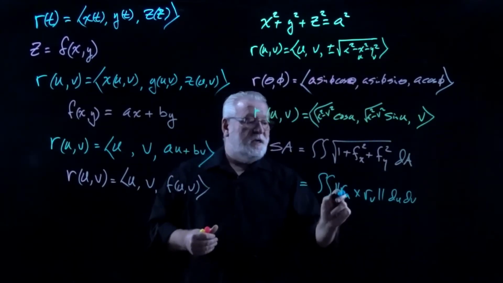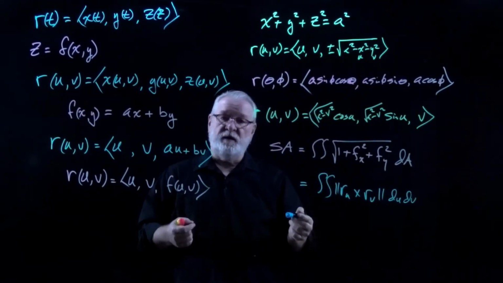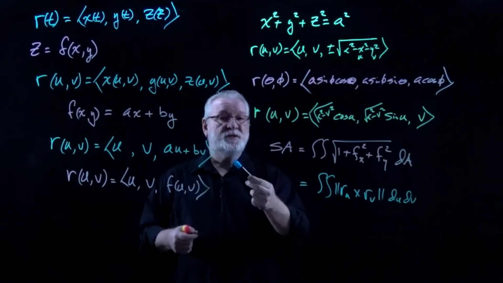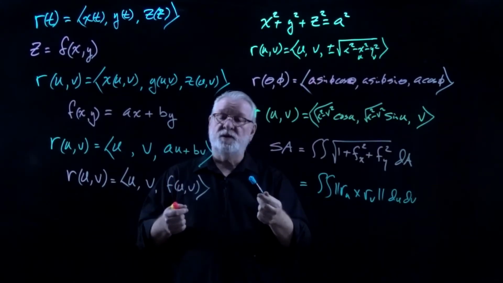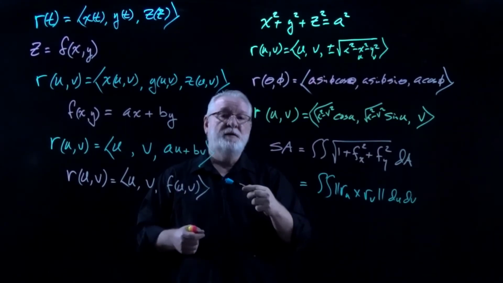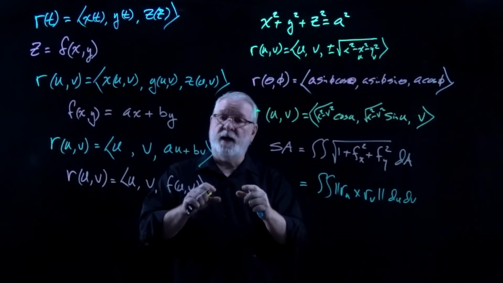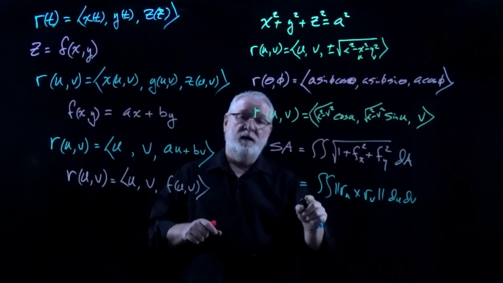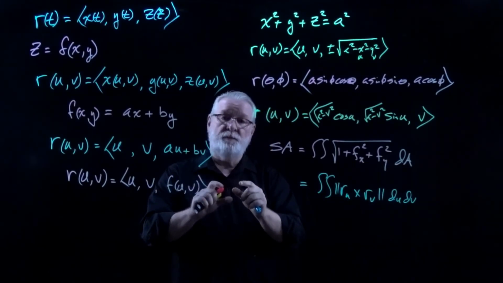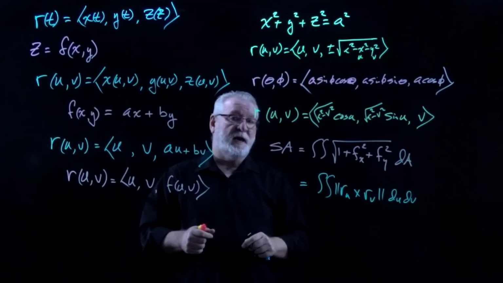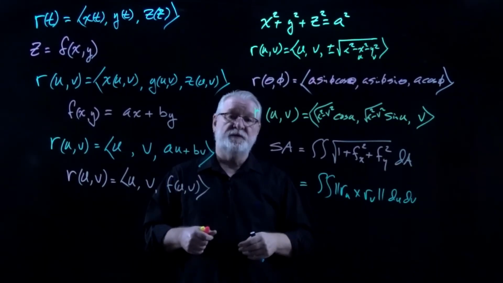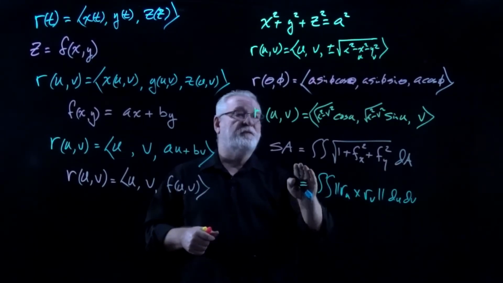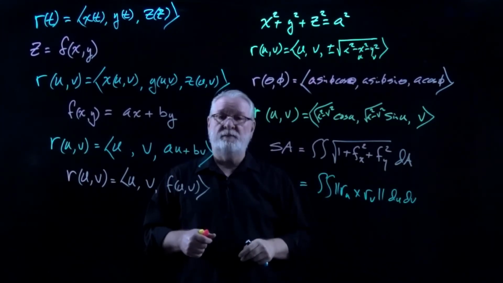And in essence, what the two partials will give me is vectors that lie in the surface. And of course, if the two vectors are in the surface but they're not parallel, their cross product will give me the area of that small parallelogram they define. And the magnitude of that will be the area of that small piece. And if I integrate that across the entire surface, I will get the surface area. So our surface area formula comes directly from this parameterization.